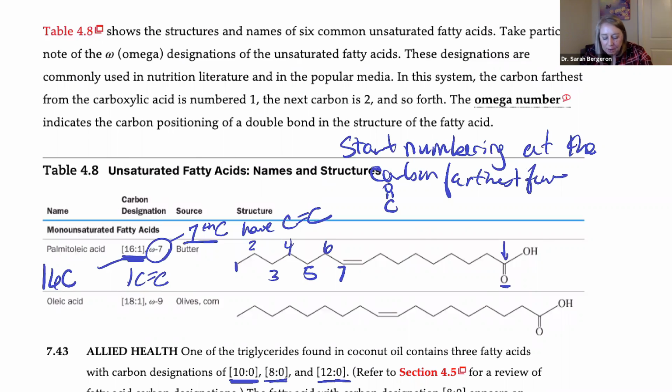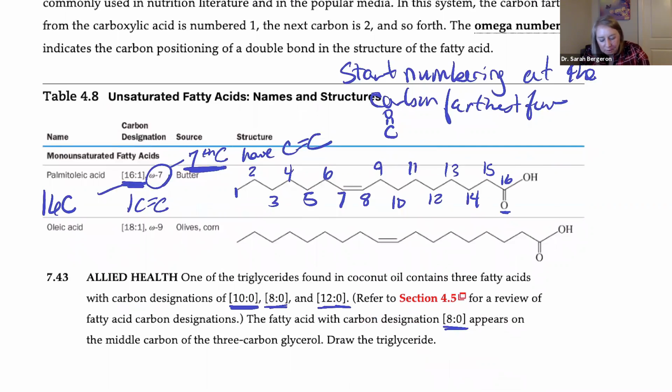So do you see here? That's why we call it an omega-7. Then 8, 9, 10, 11, 12, 13, 14, 15. Now that carbonyl carbon counts, and that is 16. Okay, so that's a 16 carbon fatty acid, and it has one carbon-carbon double bond at carbon 7.